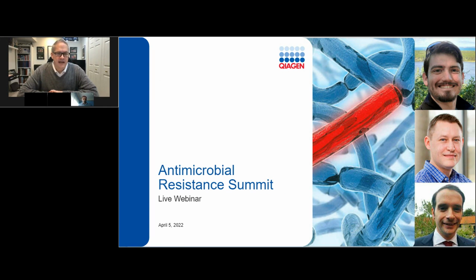All right, so that brings us to our final portion of our presentation today, and that has to do with the analysis of the informatics. So our speaker is Dr. Daniel Hand. Daniel is one of our excellent senior field application scientists at QIAGEN Digital Insights, which is the bioinformatics portion of QIAGEN.